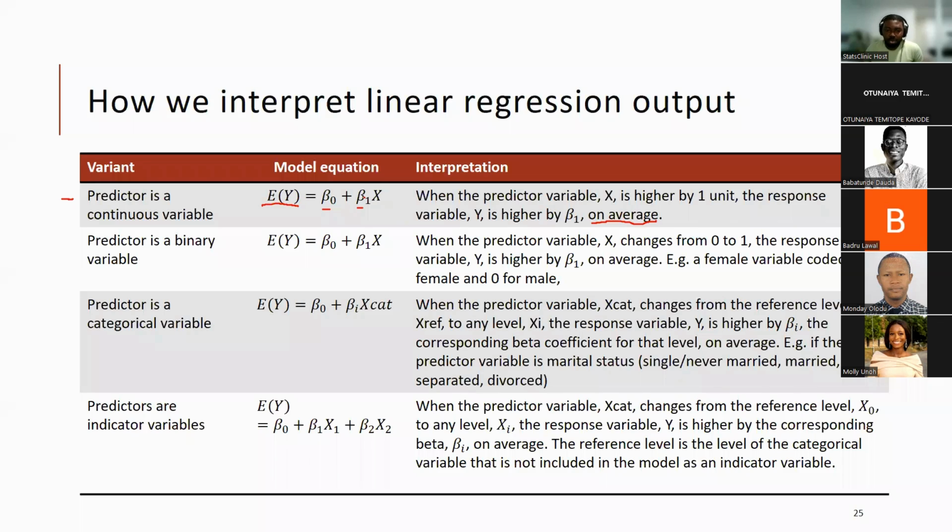We always have to be humble, especially when we're extending inference from the average to the individual. All right, let me give you an example, and then someone is going to interpret.